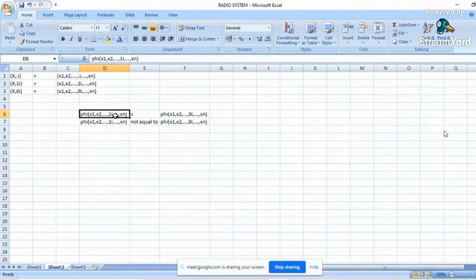In the above line we have to put the condition that it holds for all combinations of x1, x2, xn. In the below line we have to put the condition that for at least one x1, x2, xn, if phi of 1i is not equal to phi of 0i, then the ith component will be relevant.